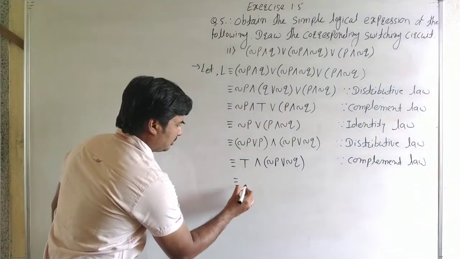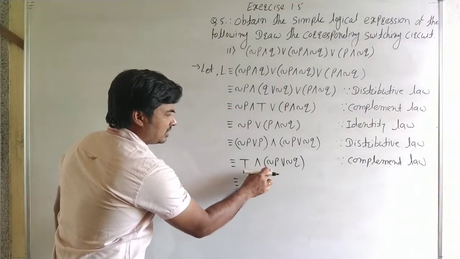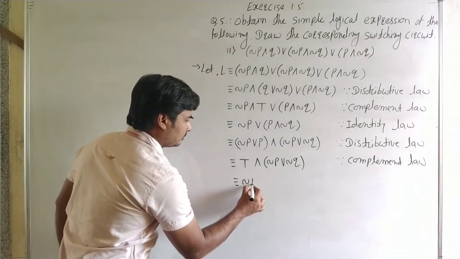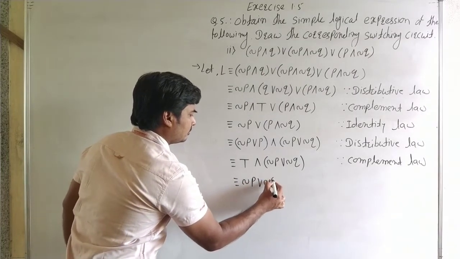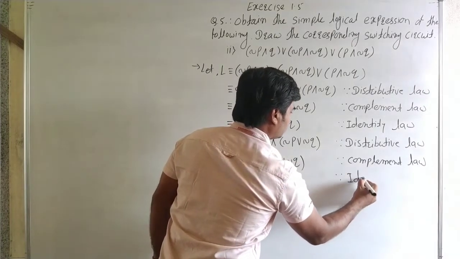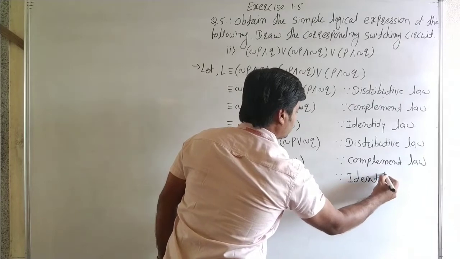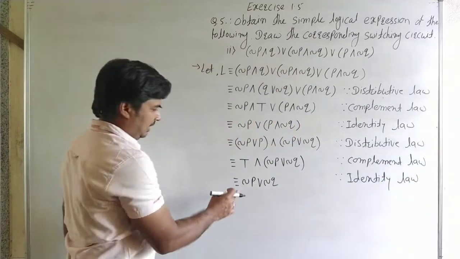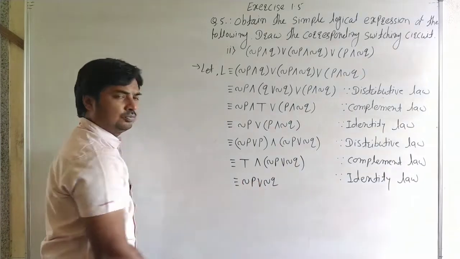Then see carefully this tautology and statement. Tautology and statement, it is a statement. Identity law. Okay. And here negation P or negation Q.